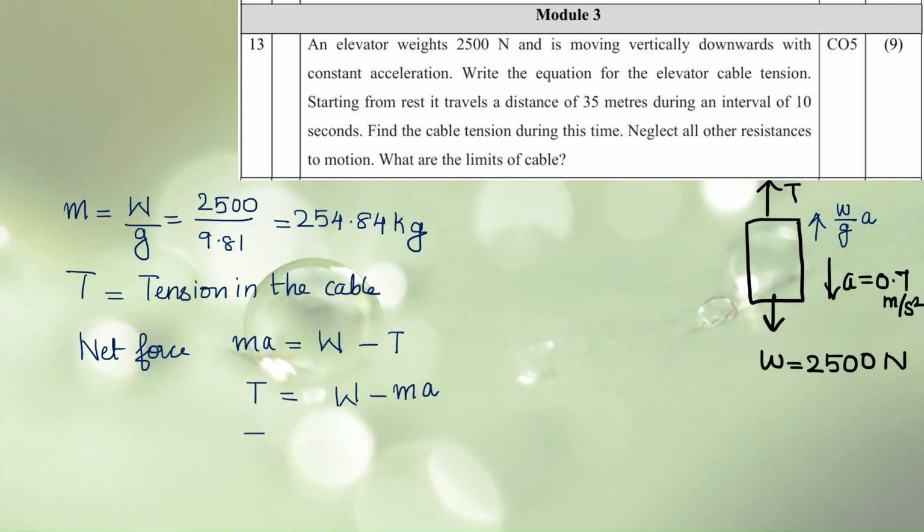Tension T is equal to W, the weight, that is 2500, minus mass, that is 254.84, into acceleration, that is 0.7. This is equal to 2321.61 Newton. That will be the tension in the cable.